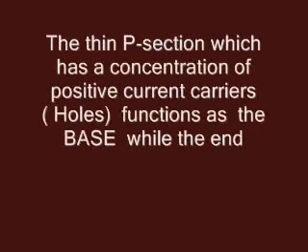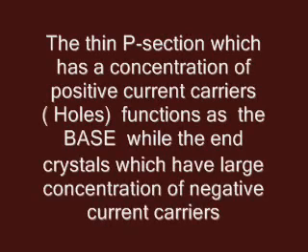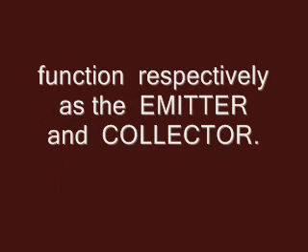The thin P section, which has a concentration of positive current carriers, functions as the base, while the N crystals, which have a large concentration of negative current carriers, function respectively as the emitter and collector.